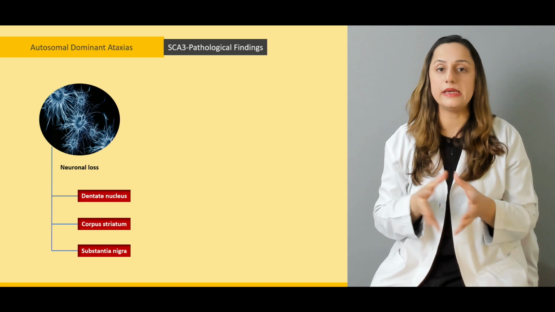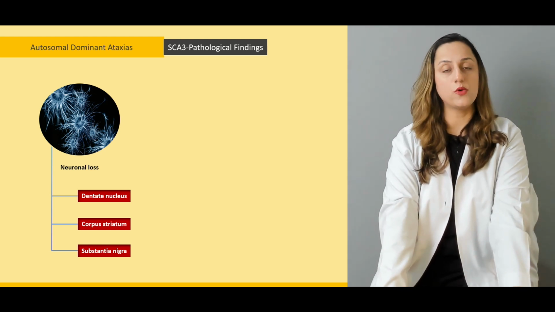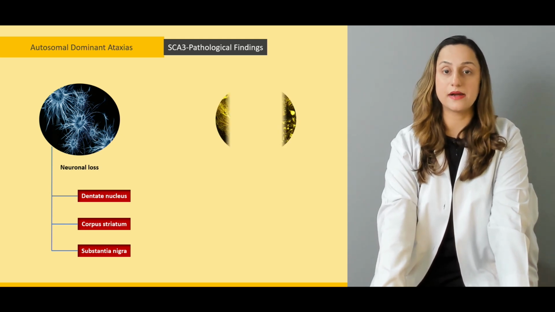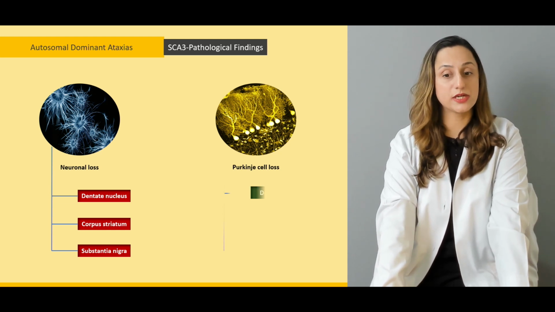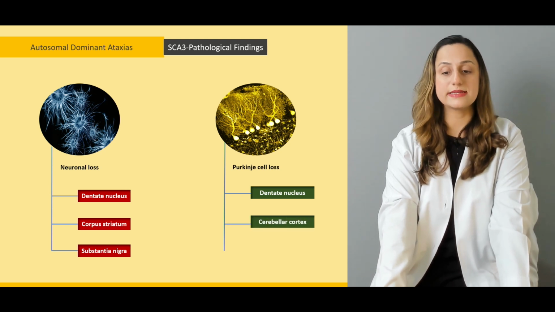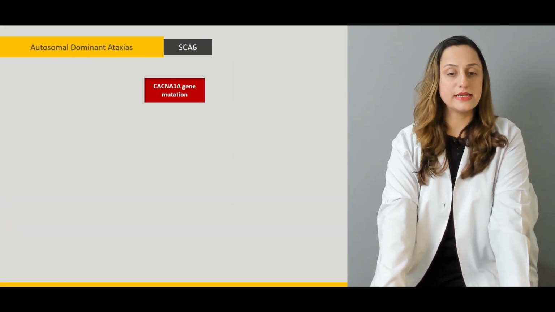So all of these are going to be affected in this neuronal loss. Basically, the whole of the brain and all of the communicating fibers can be affected in this particular case. The loss of Purkinje cell fibers is noted in the dentate nucleus, cerebellar cortex, and the cranial nerve nuclei specifically.